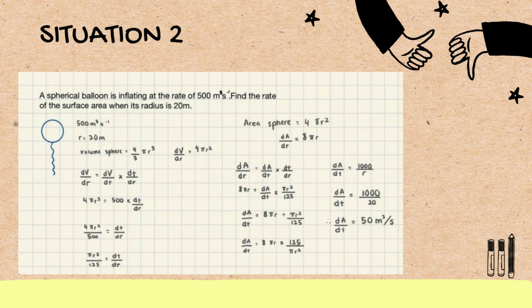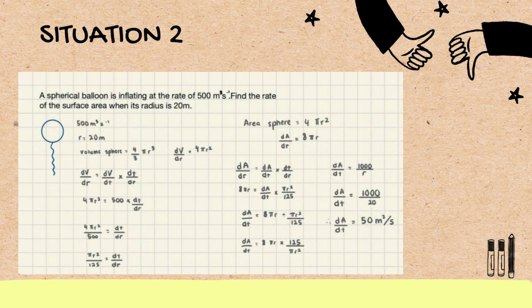So you have to make a chain rule. But why do you have to put dt? It is because dA we can't find it anymore. So when we have done the chain rule, we need to substitute the info in the chain rule, then find the area of the sphere. When you differentiate the area of the sphere, you will get 8 pi r.